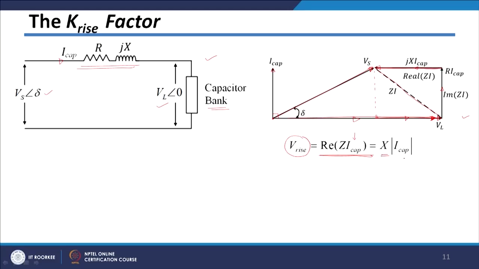So, your voltage rise will be x multiplied by I cap.